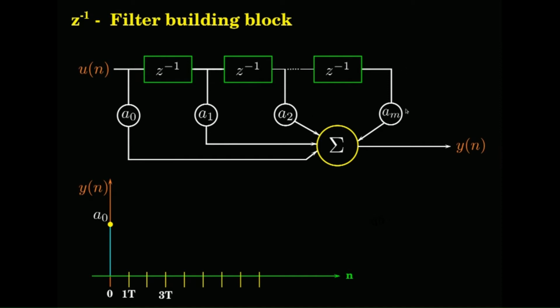So a1, some arbitrary a1, comes into the picture. Then after time 2, the 1 would have come here, multiplied by a2, and so on till the number of delay blocks you have, and then it becomes am, and afterwards dies. There are no more memory blocks available.